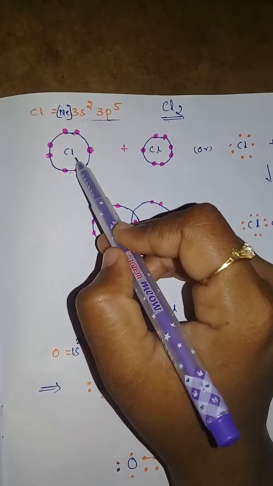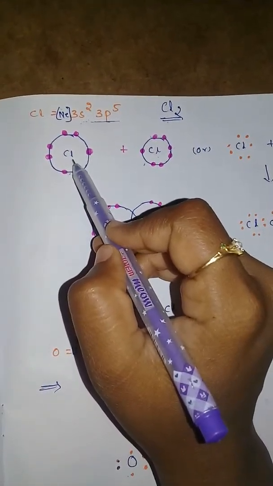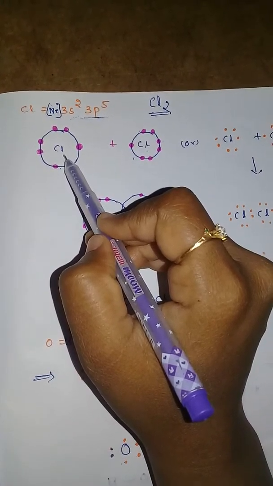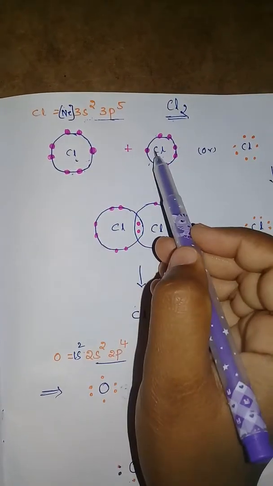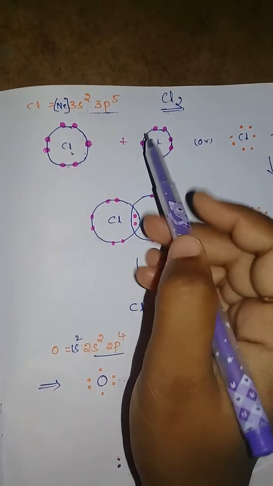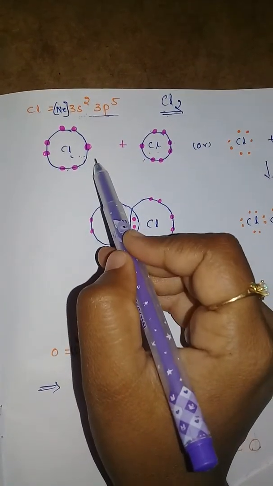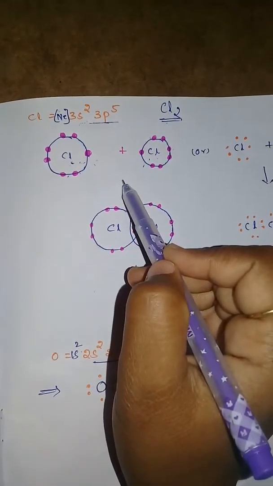To obtain octet structure or stable configuration, each chlorine is short of 1 electron. So by sharing 1 electron from each atom, these two chlorines attain stable configuration.